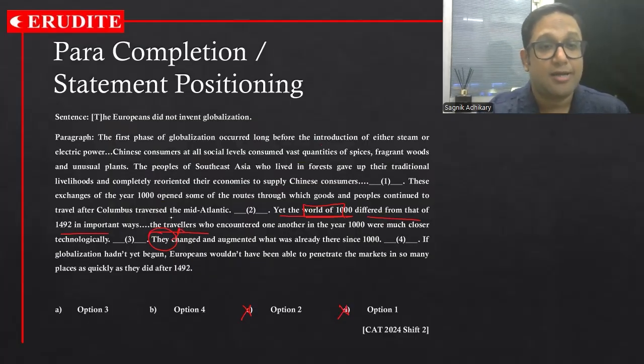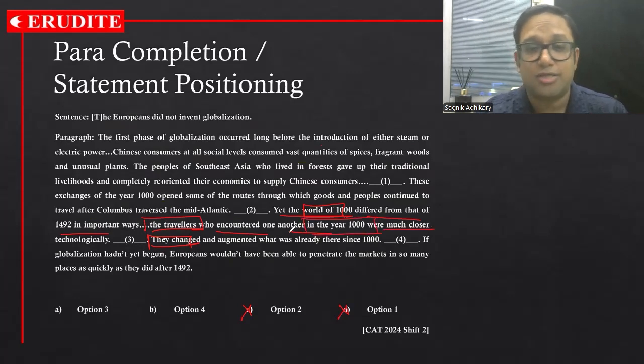No problems there. But if travelers is what they is referring to, then the subject here and the subject here are both the same. So they have the same subject. They must be talking about the same people. The travelers who encountered one another in the year 1000 were much closer technologically. Then we say they changed. They changed and augmented. Quite possible. What was already there since 1000?